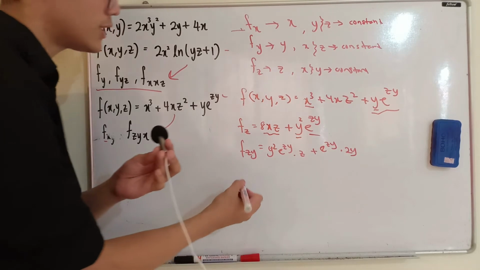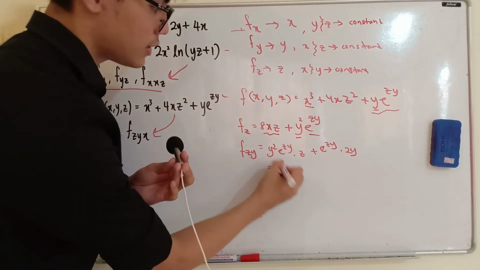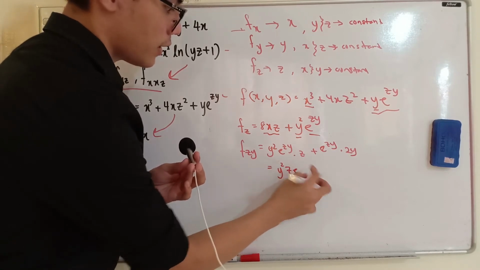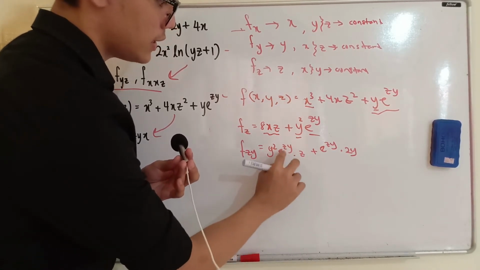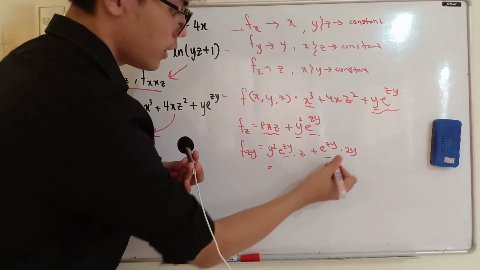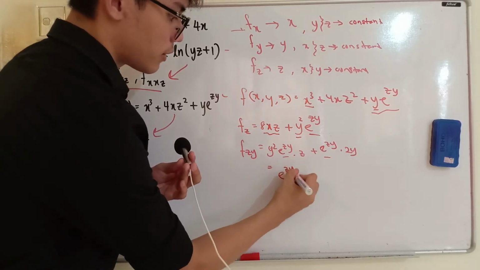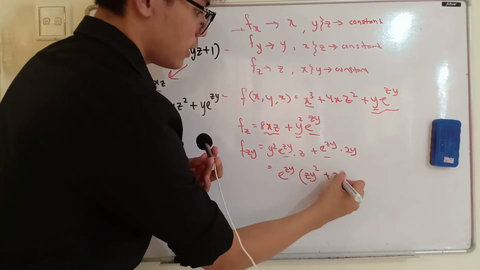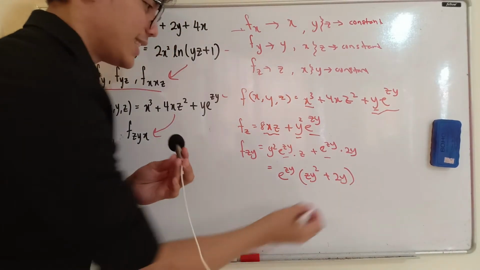Okay, so now you just rearrange it, going to be 2yz. Okay, you have e to the zy, do the same over here. You just factorize it. Okay, zy squared plus with the 2y. Okay, that's the last answer.